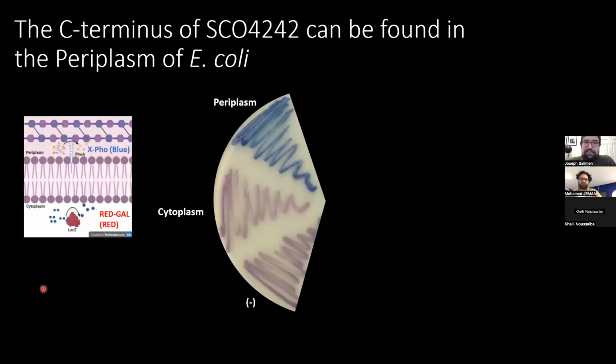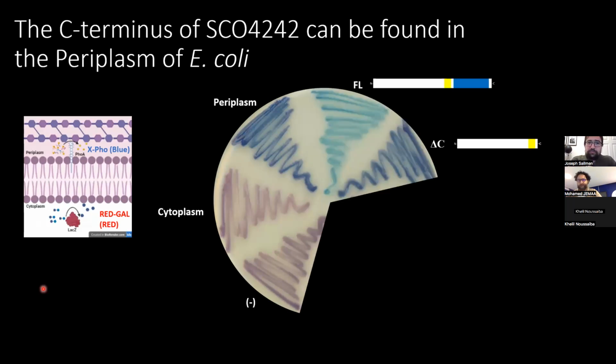And what we did is I expressed this gene in E. coli just to see where it was, whether it was inside the cell or hanging outside the cell. What you can see in this diagram is that using a plasmid to express this protein, the wild type E. coli is in this deep blue color, and where the gene that we care about is expressed, it makes a much lighter blue color.